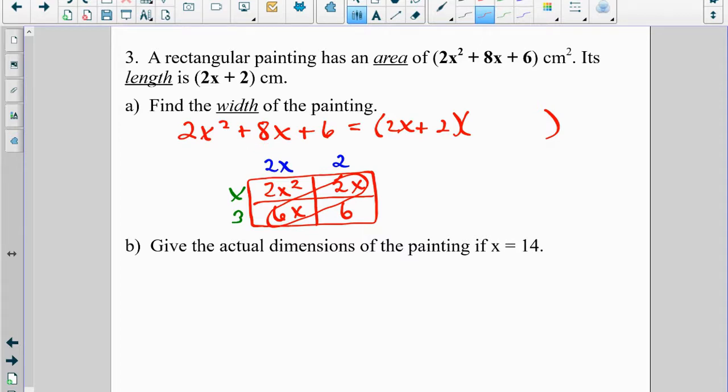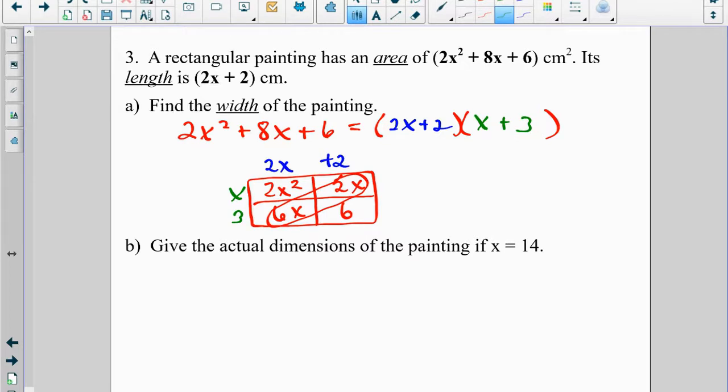All right, so it looks like my length, the one that we already knew, I'm going to write that in a different color, blue. My length was 2x plus 2. And my width was x plus 3.